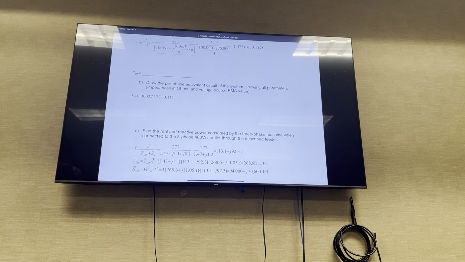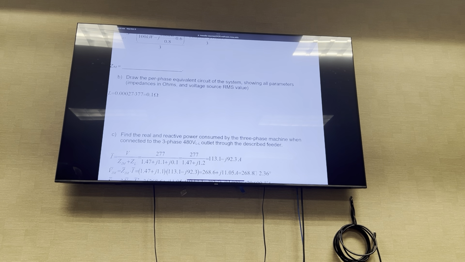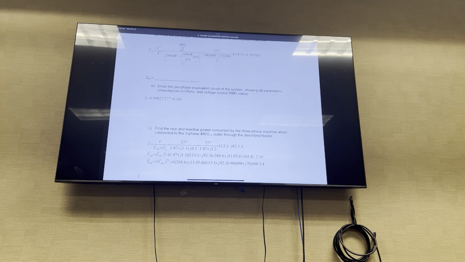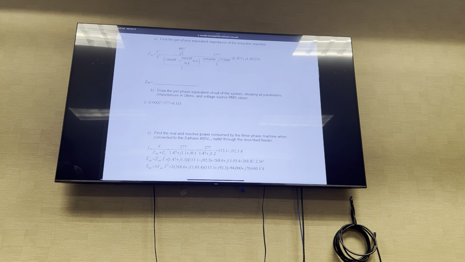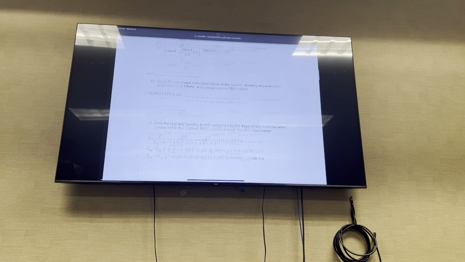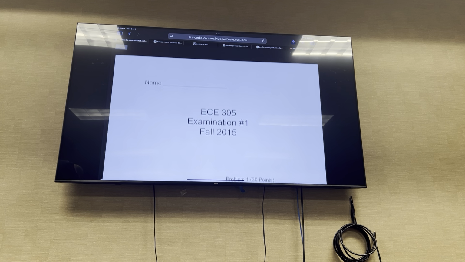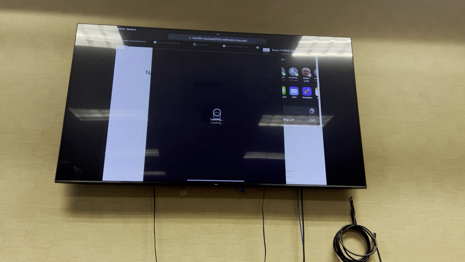What that would look like is we have the voltage source. If I try to draw kind of a block diagram of the 3-phase system, let me move to a different tool here.